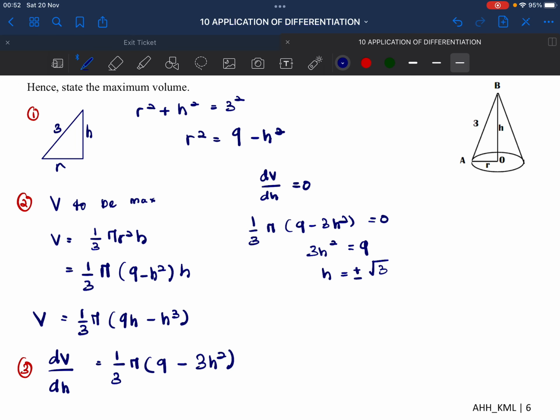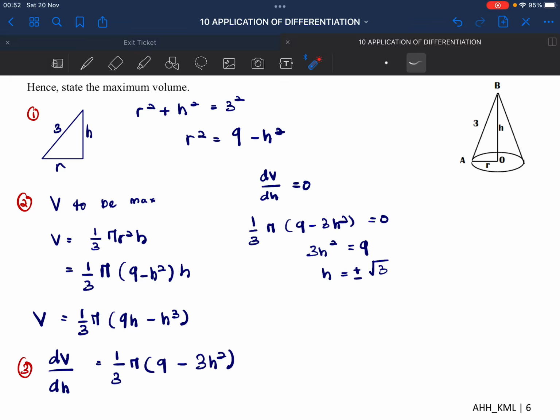Height cannot be negative. So for the answer here, we are going to assume h equals positive square root 3. Or you can do the fourth step, the second derivative: substitute the value of square root 3 and the value of negative square root 3 and find which one is the maximum. For now we are just going to focus on the positive value.